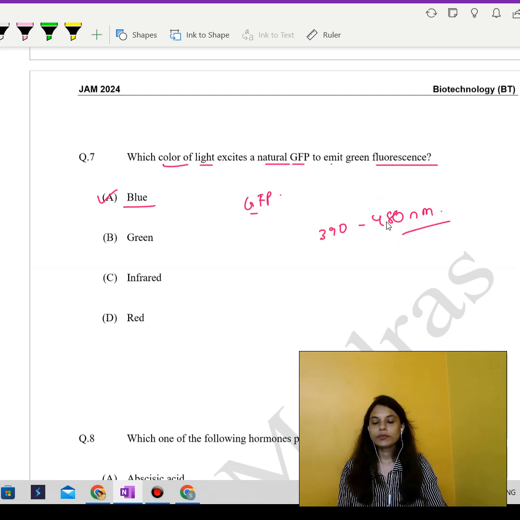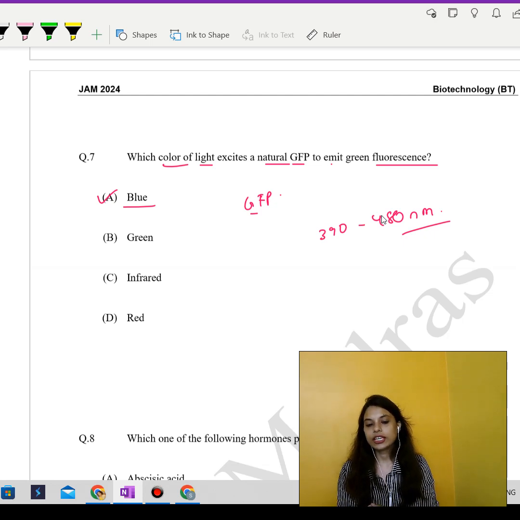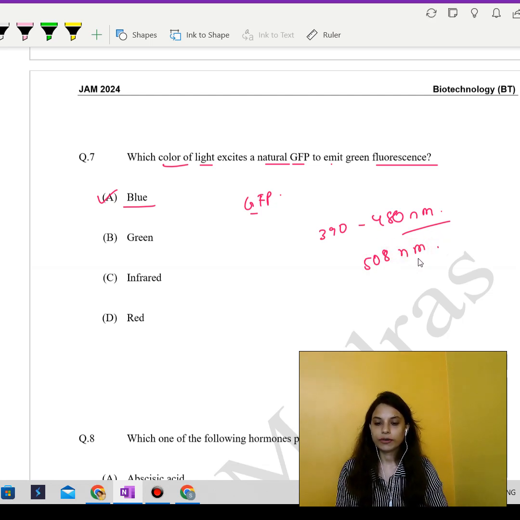When it absorbs the blue light, what happens? Its electrons transition to a higher energy state, and upon returning to the ground state, GFP releases energy in the form of green light around 508 nm, resulting in the characteristic green fluorescence.